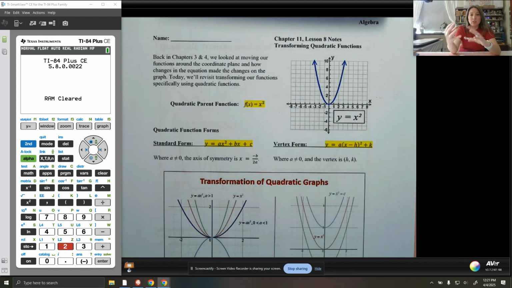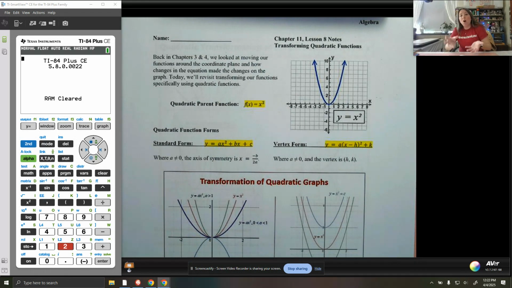And so how does the look of the equation change based on the movement change we want to accomplish? Now, we talked about all of this stuff back in Chapter 3, Lesson 7, I believe. And when we were doing that, we used this general form of the function that would get changed.